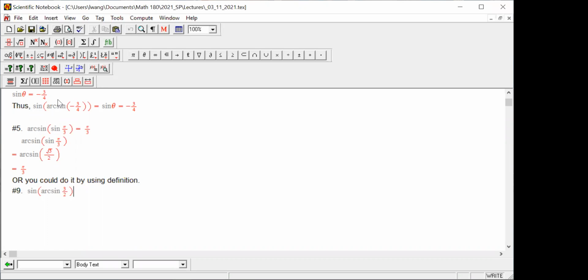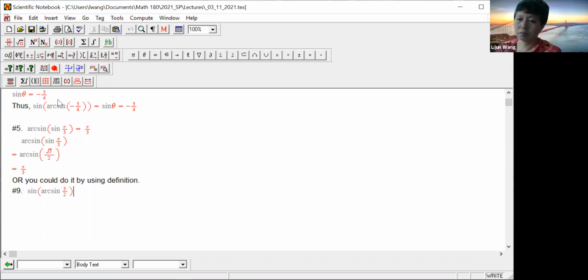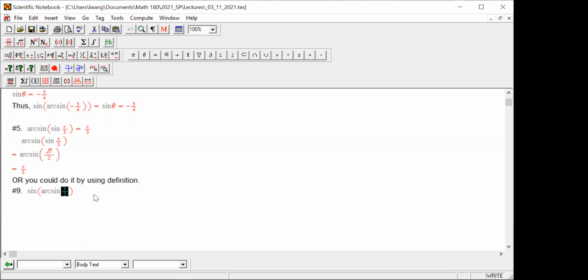It doesn't satisfy the requirements of sine arc sine x because it's greater than 1. You're very close, but you may like to use the word domain. Because 3/2 is outside the domain of arc sine. Okay, is that what you meant? Yeah, that should be what you meant.